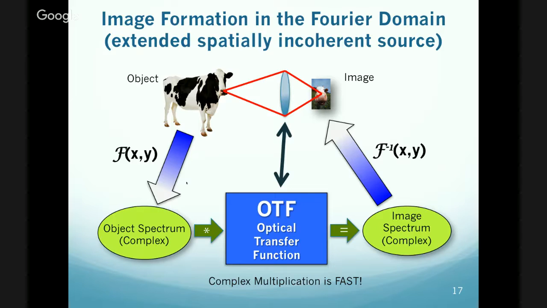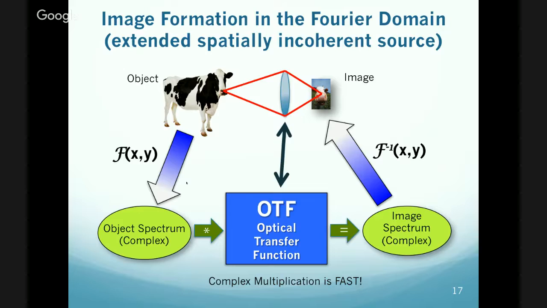This is really important. The optical transfer function is a property of the optical system. If we simply multiply the spectrum of the object times the optical transfer function, we get the spectrum of the image, which again is a complex number. We inverse transform that and we get back to the image.